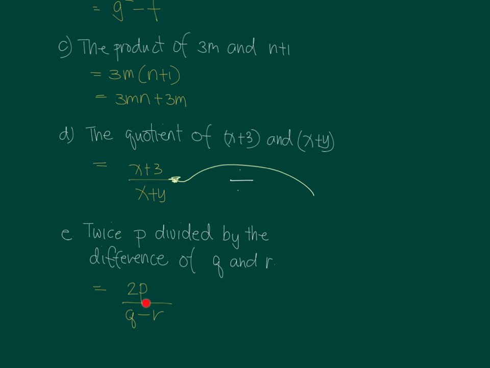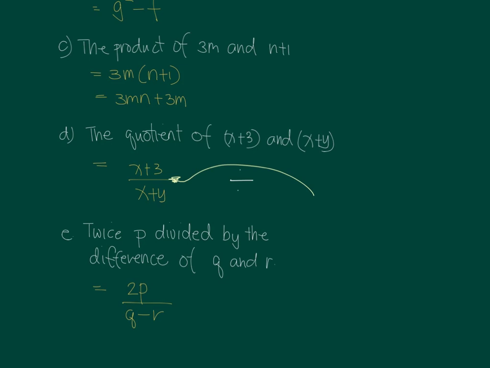So twice p means 2p. Divide means you create a fraction. The difference is the result of subtraction. So we are subtracting q and r. So that's q minus r. So again, twice p divided by the difference of q and r is simply 2p over q minus r.